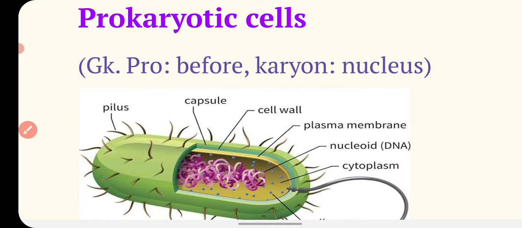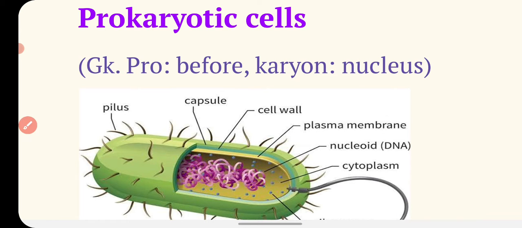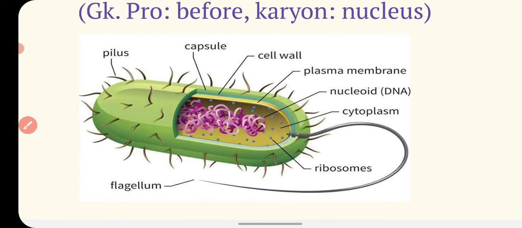The word prokaryotic is made up of two Greek words, pro and karyon. Pro means before and karyon means nucleus. The cell which has a very primitive and simple kind of nucleus is called a prokaryotic cell.